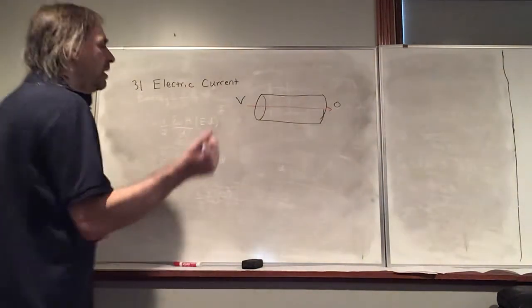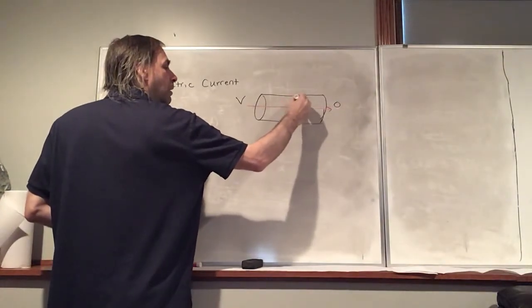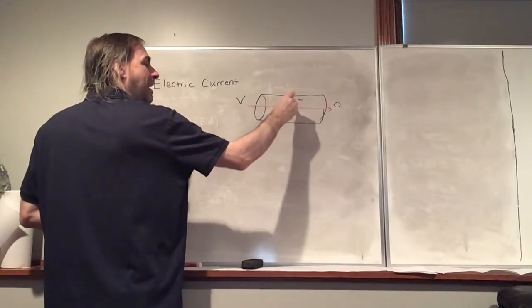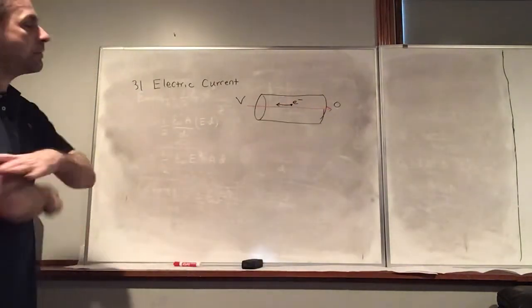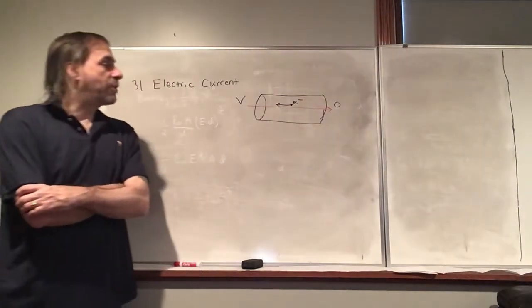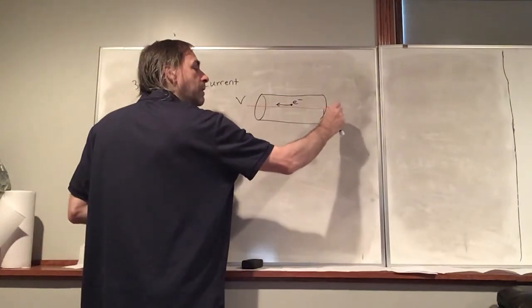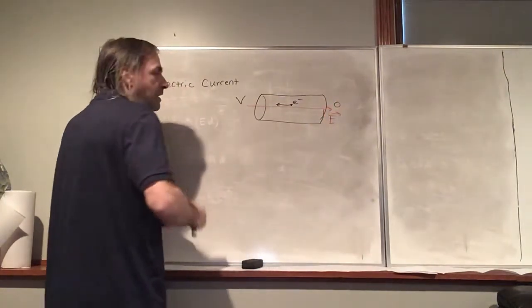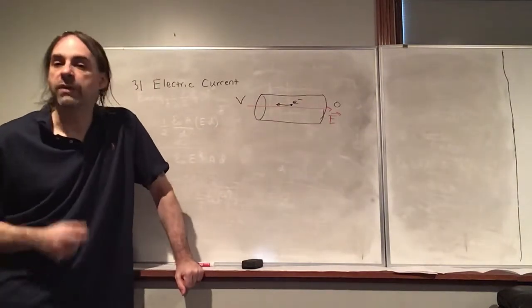If you look at a particular electron, remember the force on an electron is in the opposite direction of the electric field. Just to label this, that's the electric field. And so what we'll end up with is a bunch of electrons moving to the left.